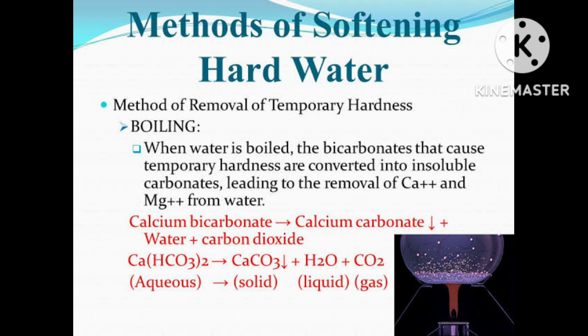Suppose calcium or magnesium is present in water, then it will react with the calcium or magnesium. You can consider calcium and magnesium as a metal M2 plus in general. Then the sodium ion will go in water as Na plus.